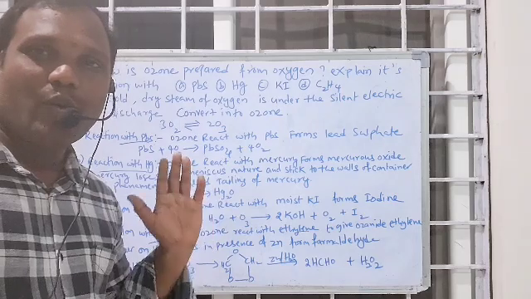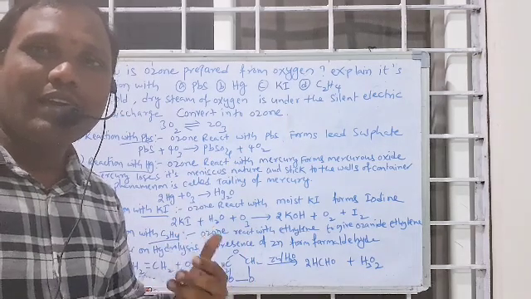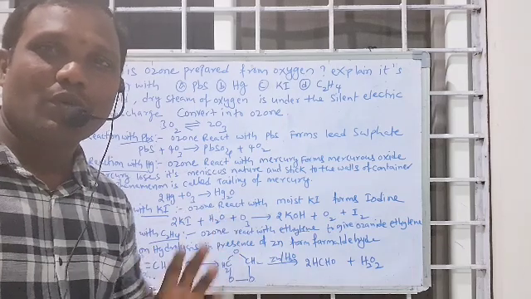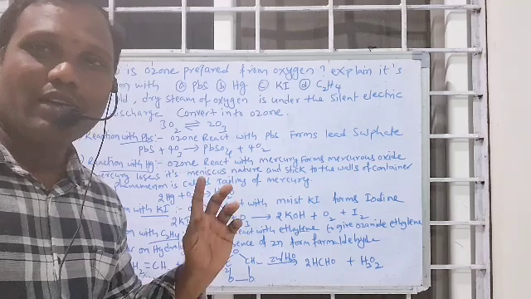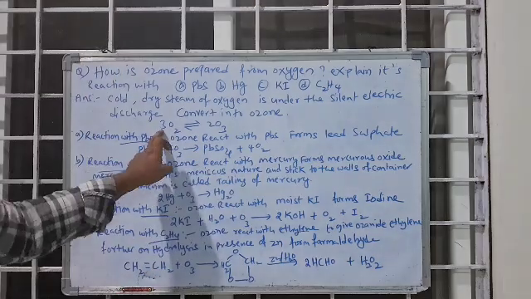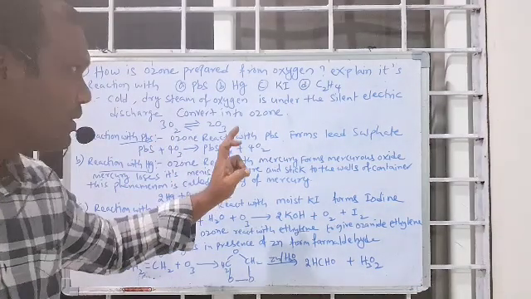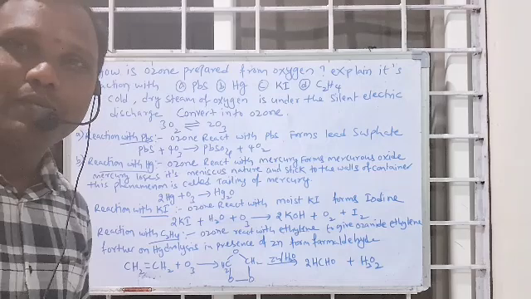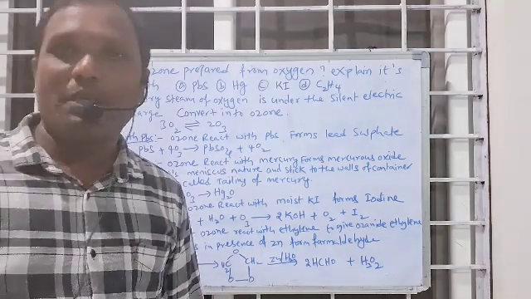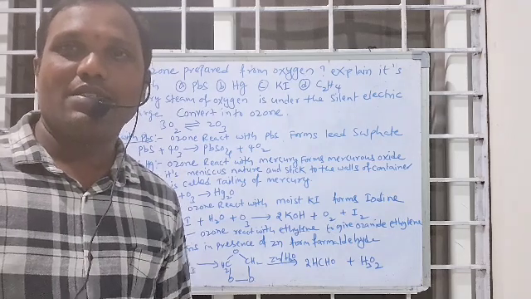Here look at the reaction. 3 moles of oxygen are converted into 2 moles of ozone under the above condition. This is about preparation of ozone from oxygen.